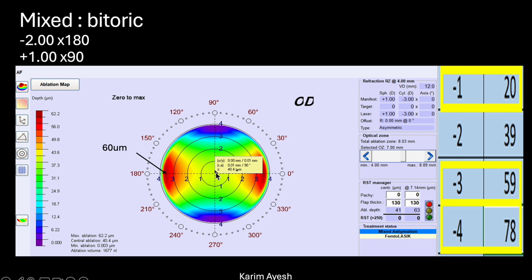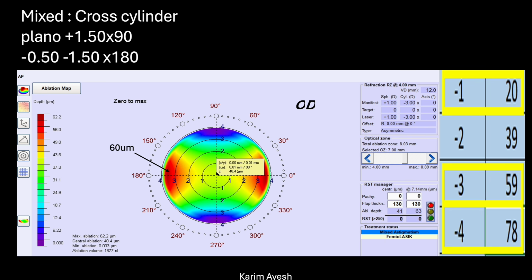Central area is minus 2 also, as we said before, the minus cylinder works on the whole flat meridian. So if you add 2 diopters and 1 diopter at the peripheral area of the flat meridian, 3 diopters equal 60, with the central area as a myopic cylinder, which is 40. So according to this planning software, mixed astigmatism may be corrected as a bitoric ablation.